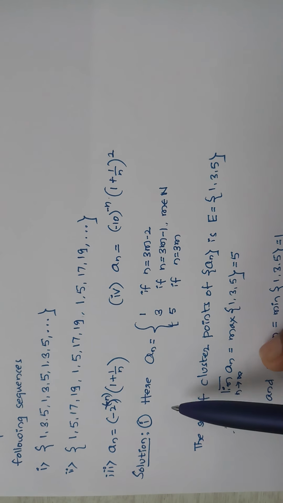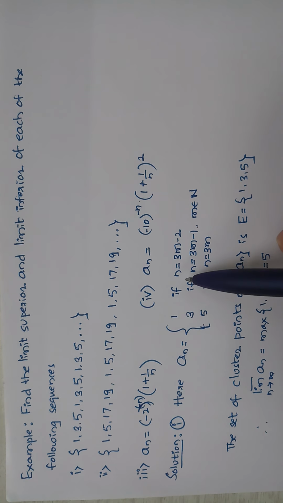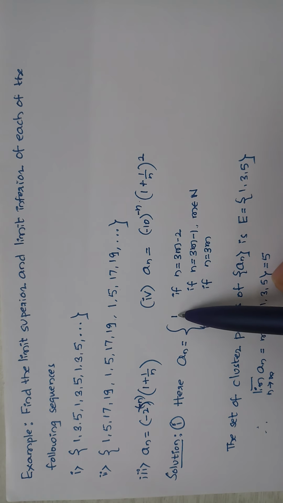So for the first example, that is 1, 3, 5: here a_n is equal to 1 when n is equal to 3m minus 2. So when m is equal to 1, it will become 1.